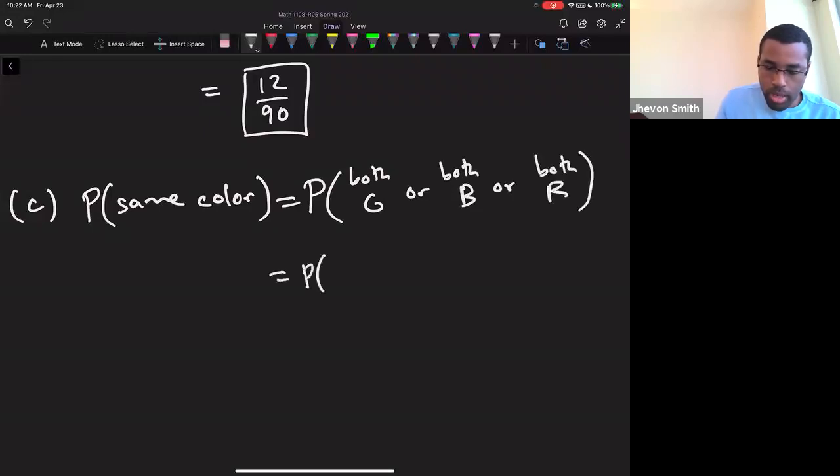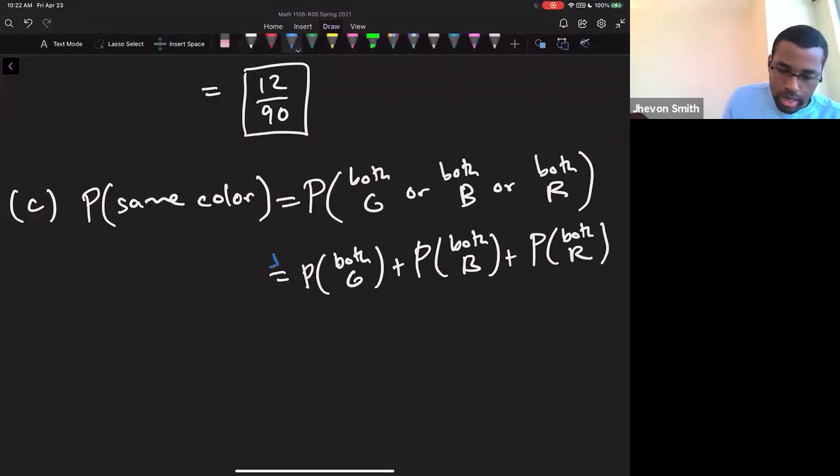This is going to be the probability both green, plus both blue, plus both red. And again, this is because of mutually exclusive.